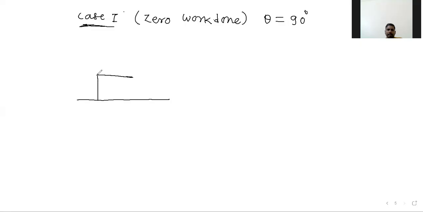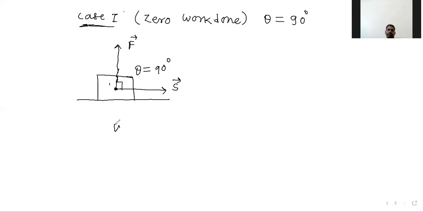The block of mass M, whose center of mass is this. Now, according to the condition, displacement is acting in this direction and force will make an angle 90 degree with the displacement. So it is in upward direction, which makes an angle of 90 degree with the displacement vector. So this is angle theta, which is equal to 90 degree, the angle between displacement vector S and force vector F.